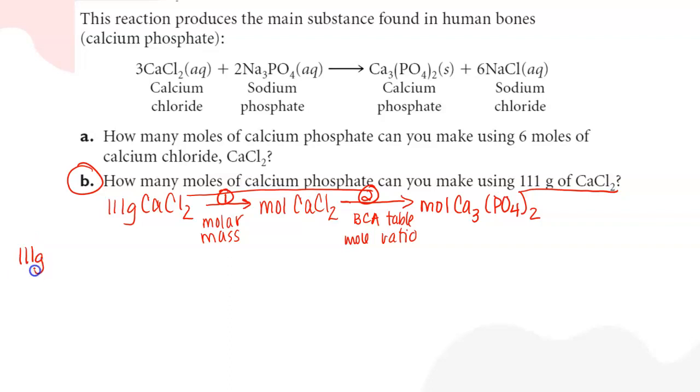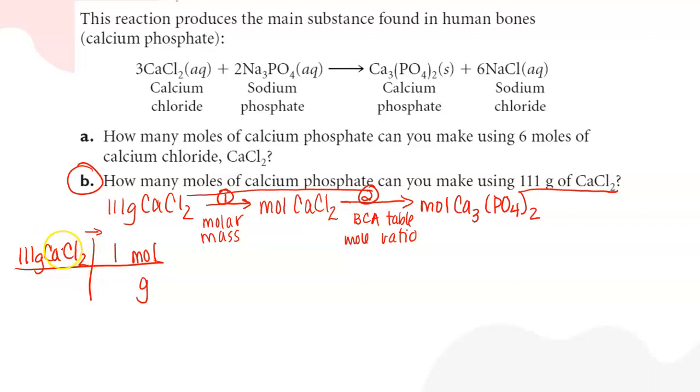So 111 grams of calcium chloride, and I want to change that into moles of calcium chloride. Doing the disco, I'm going to take the grams and drag it diagonally so that it cancels out. And the mole to mass or molar mass says that 1 mole has a specific mass from the periodic table.